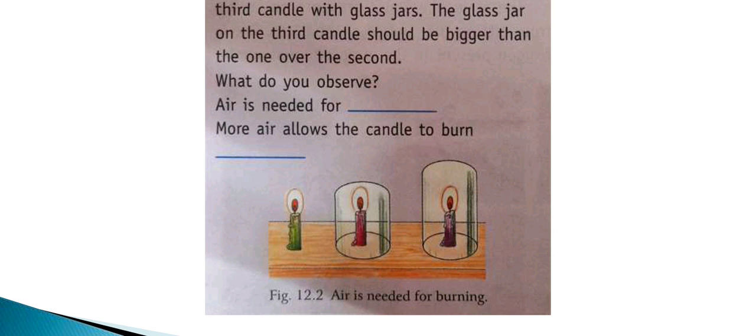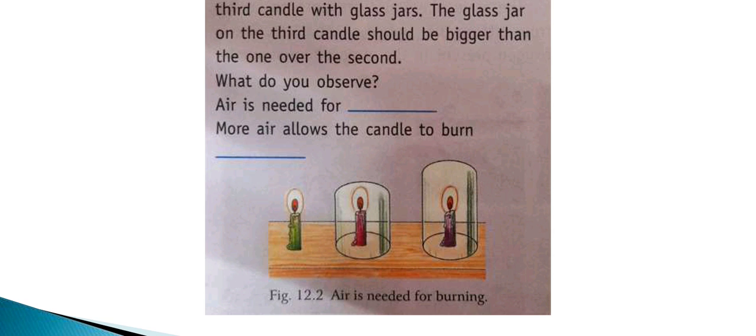Then come to the middle one. It is covered with a smaller glass jar compared to the last one. So that candle will burn only for a few minutes, because whatever oxygen is present inside is very little, and it is used by the candle, and afterwards the burning candle gets extinguished. Extinguished means वो बुझ जाएगी.